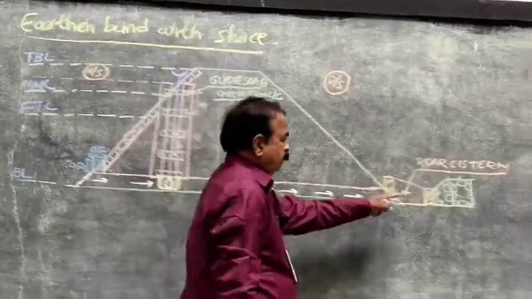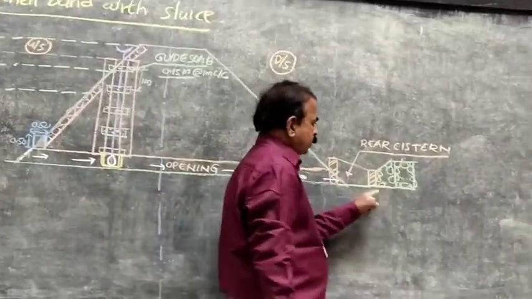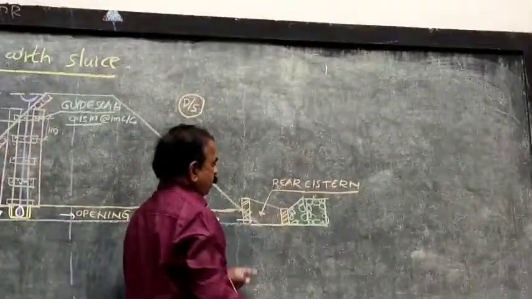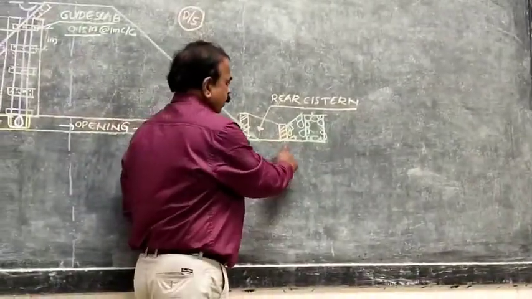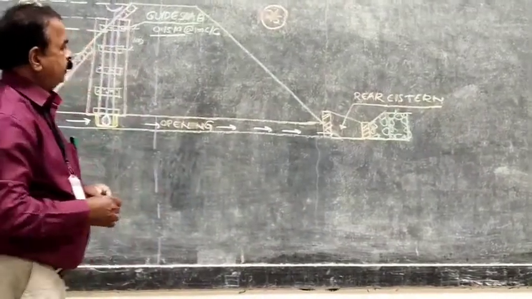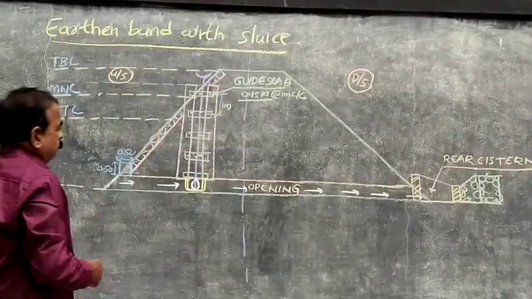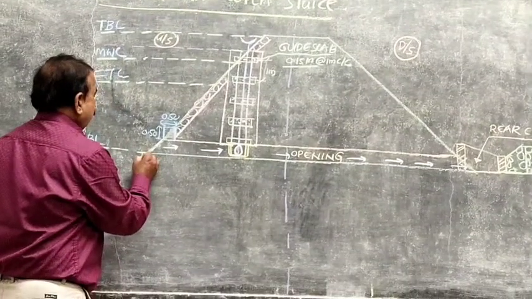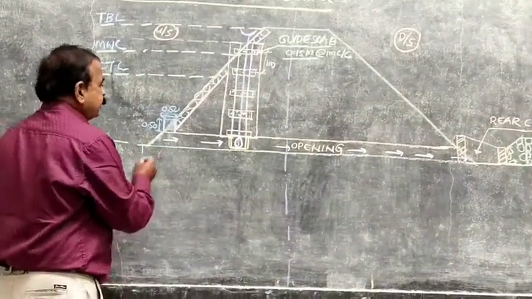This pitching, we can assume anything. The only thing is to make it firm. Normally it is 2 meter, 3 meter, depending on the size of the rear system. And below, remember, in this problem we take the foundation.